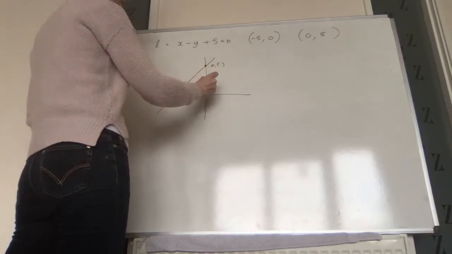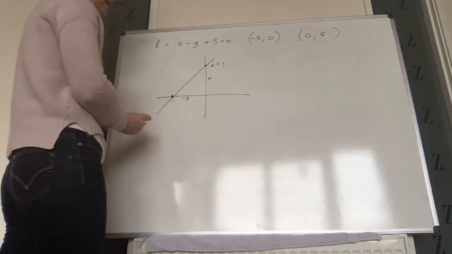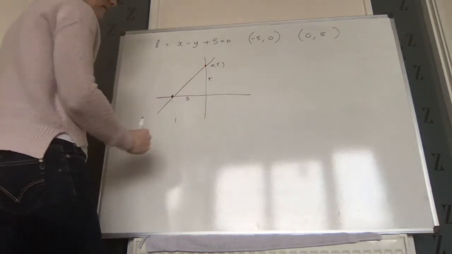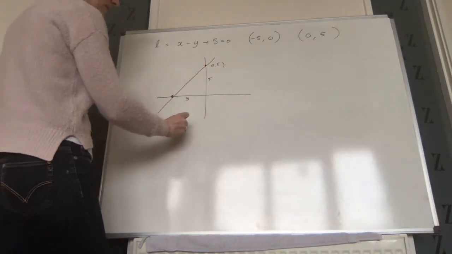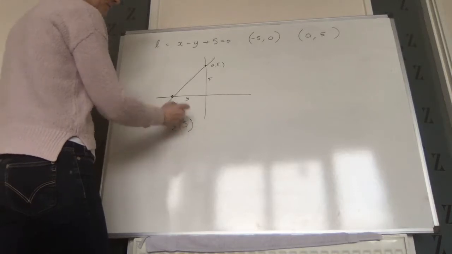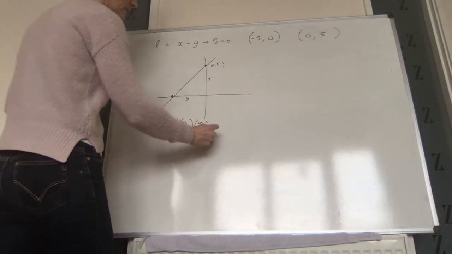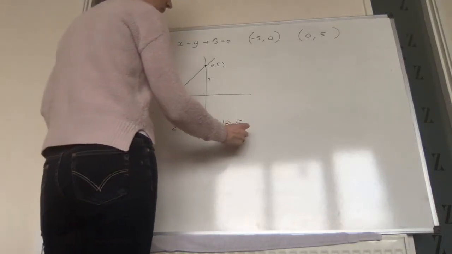This length is 5. What's the area of that triangle? In magnitude this is 5 and this is 5. So half the length of one side times the perpendicular distance between that side and the opposite vertex. So it is 12.5 units.